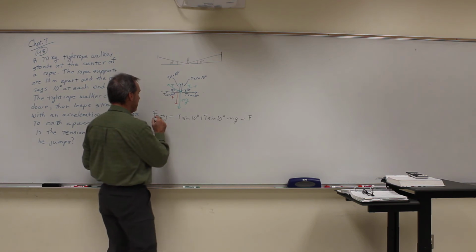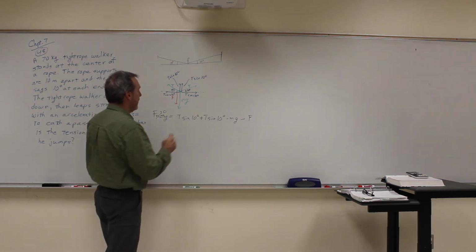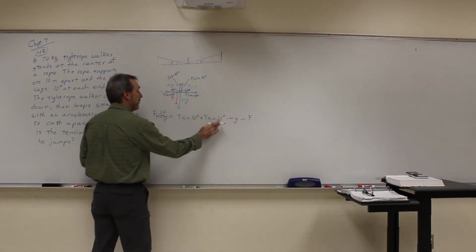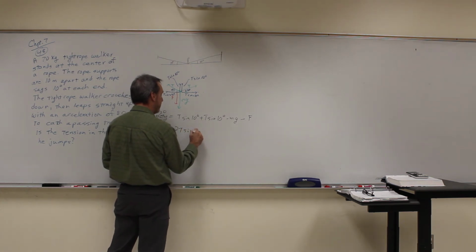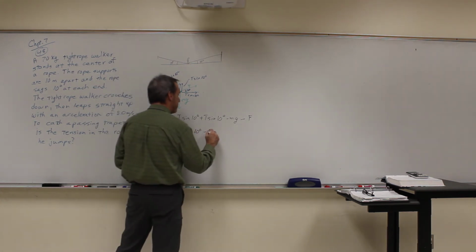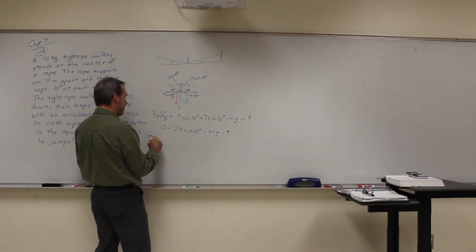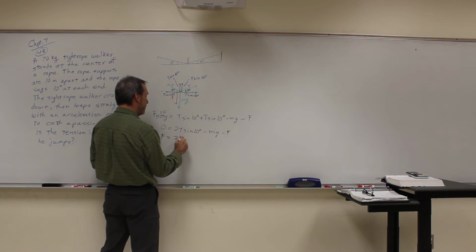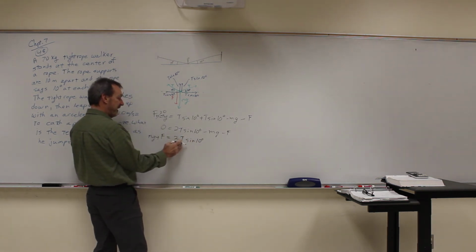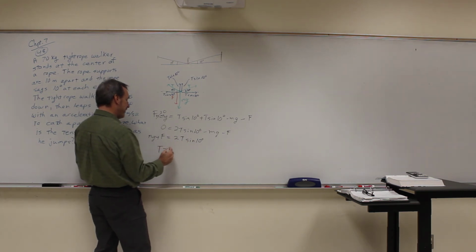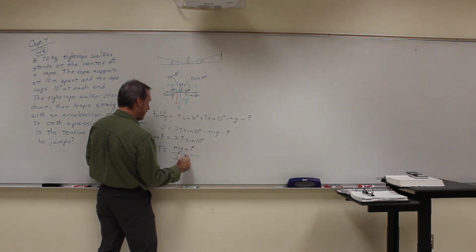So this is just equal to 0 because the rope is not accelerating. So I'm going to combine these. This becomes 2T sine of 10 degrees minus mg minus F. I'm going to move these over to this side. So mg plus F is equal to 2T sine of 10 degrees. And then we want to solve this for T, so I'm just going to divide by all that. I get T is equal to mg plus F over 2 sine of 10 degrees.